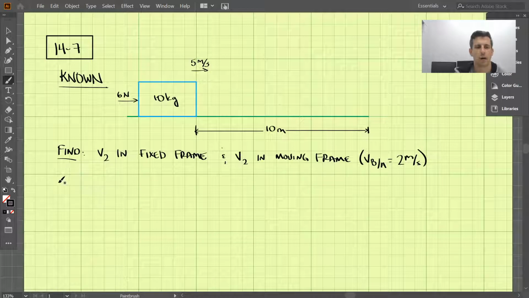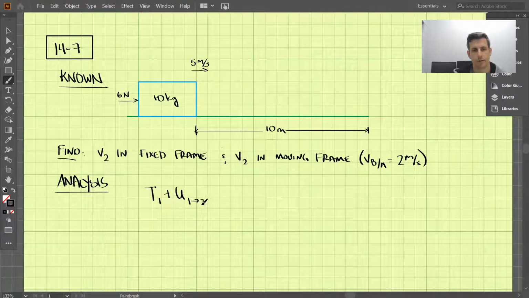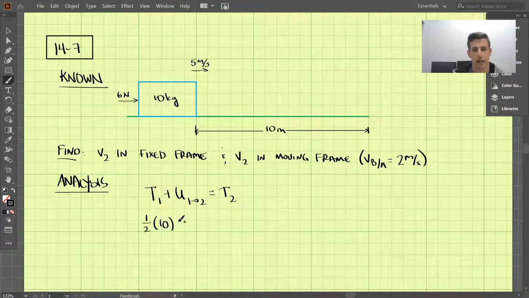So let's start out with the fixed inertial reference frame, and I think that's the easiest one. Our equation here, remember, we have the kinetic energy at state 1 plus the work done from 1 to 2 equals the kinetic energy at 2. Initially it's moving at 5 meters per second, and it's a 10 kilogram block, so we have 1/2 times 10 times 5 squared.